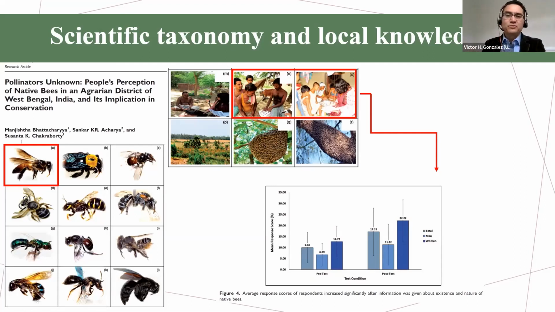Then they gave them some training, showed them pictures, showed them the nests of these bees, talked about it, and then tested them again. And they improved about twice their ability to recognize them. So this is a way that, in my opinion, scientific knowledge and scientific taxonomy can contribute to folk taxonomy, to improve their concepts or expand their concepts in these groups that are important.